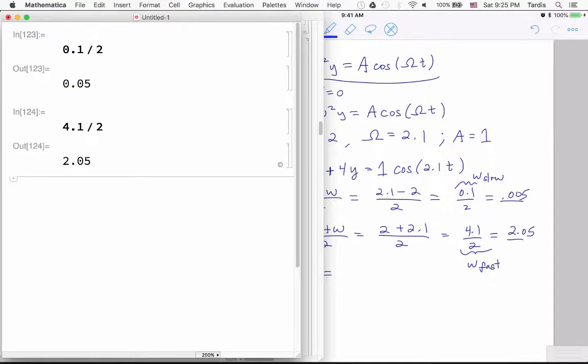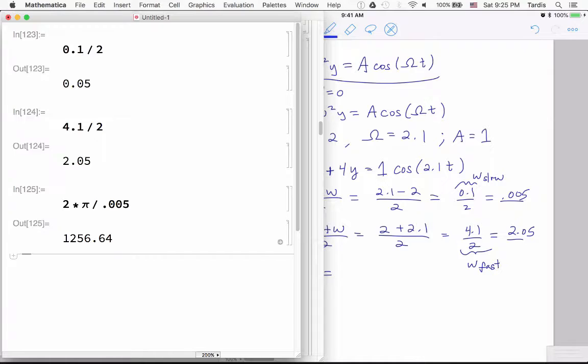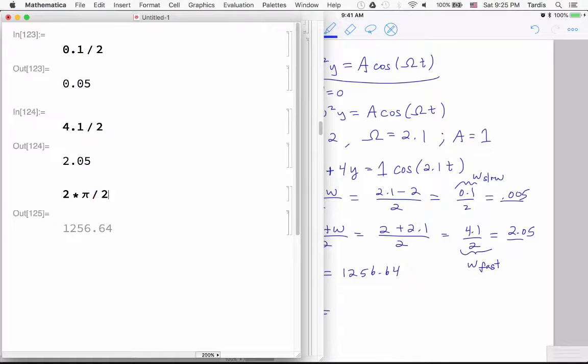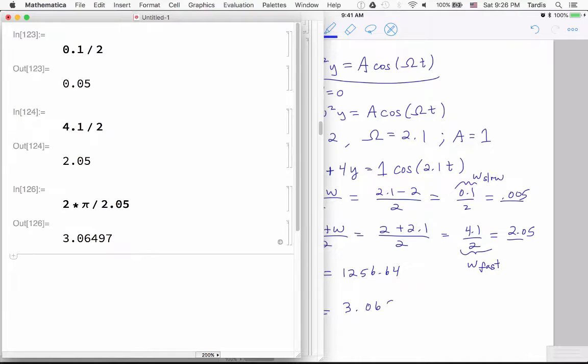And 2 times pi divided by a small number is going to be a big number, which is 1256.64. And the period fast is going to be 2 pi over 2.05, which gives you the number 3.065, for example.